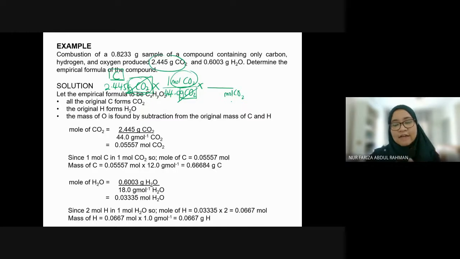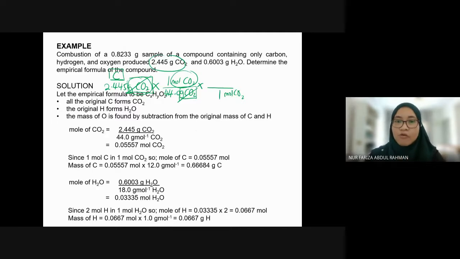This is the time for you to introduce carbon. You should know what you have at the beginning and what you want at the end. You have the gram of carbon dioxide, but you want the mass, or the gram, of carbon. When is the time for us to introduce the carbon? To introduce carbon, regardless of mole or whatever, we must introduce carbon first. So that is the relationship from just now: 1 mole of carbon dioxide has 1 mole of carbon atom.